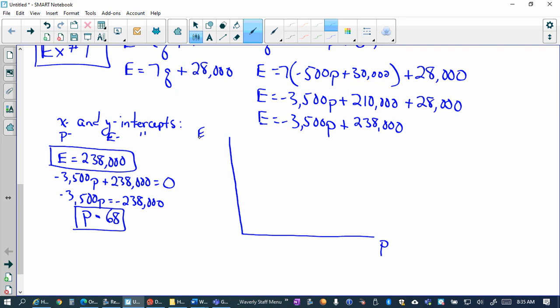What if we just count by tens until we get up to like 70? So let's do 10, 20, 30, 40, 50, 60, 70. So 68, that'd be right about there, right? For the p-intercept.